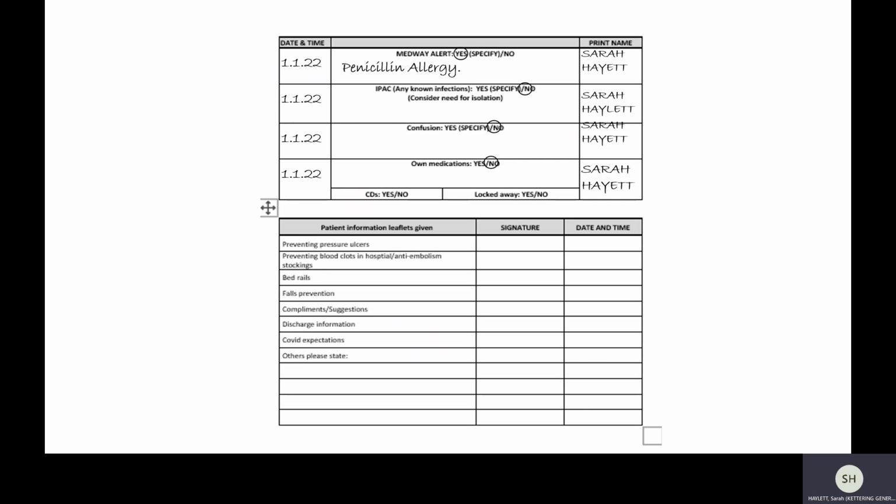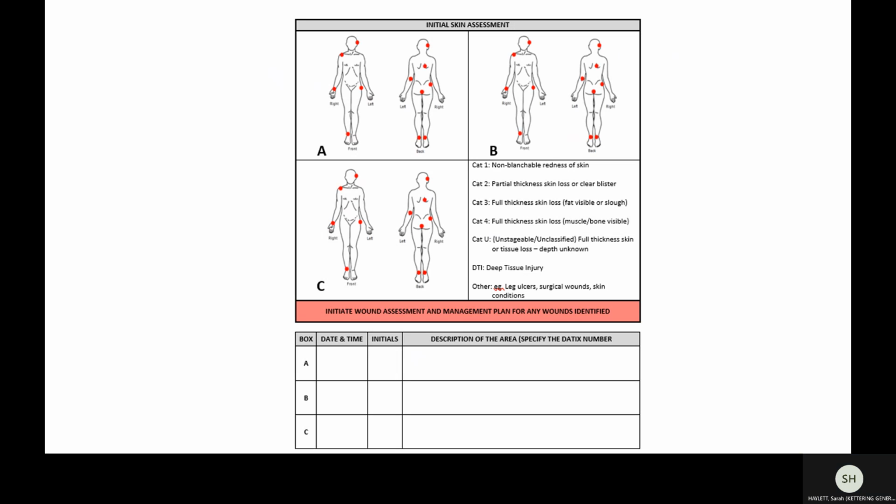And then for each patient that comes onto the wards, we have to ensure they're given all the patient leaflets. As you can see on the left, there are a number of them that we must sign for and date to acknowledge that they've been given. So we need to do an initial skin assessment on each of our patients. We can have this conversation with Jane. And she does have a moisture lesion to her sacrum.